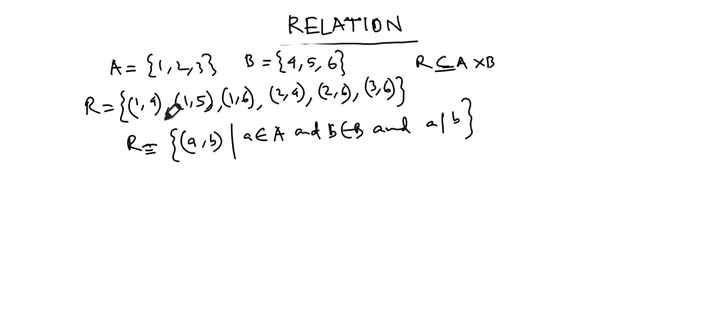So we have chosen these pairs keeping in mind a relation between the members of each pair. So 1 divides 4, 1 divides 5, 1 divides 6, 2 divides 4, 2 divides 6 and 3 divides 6. So we have not chosen R randomly, we have chosen it by a certain relation. That relation is a divides b.